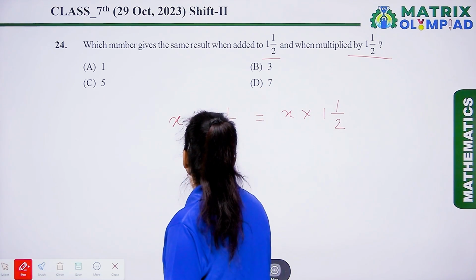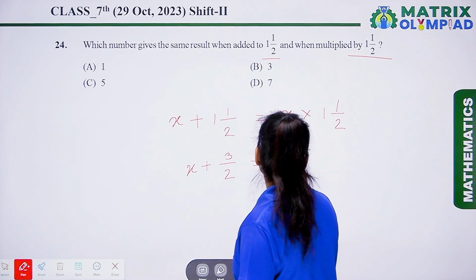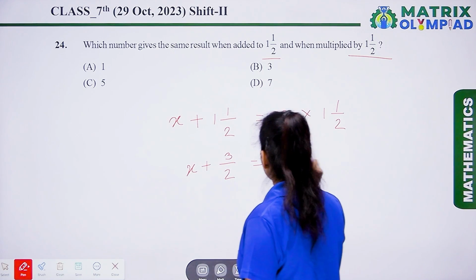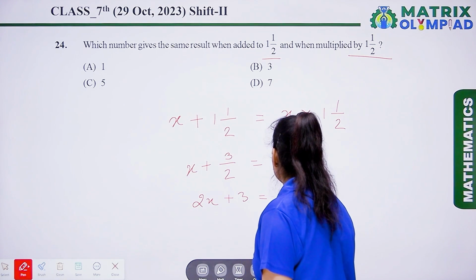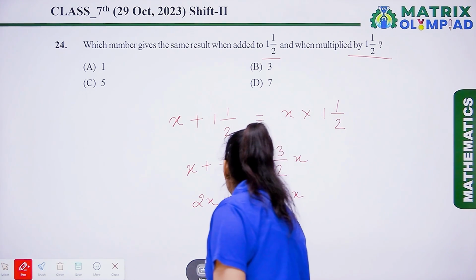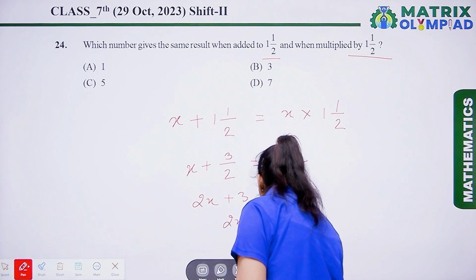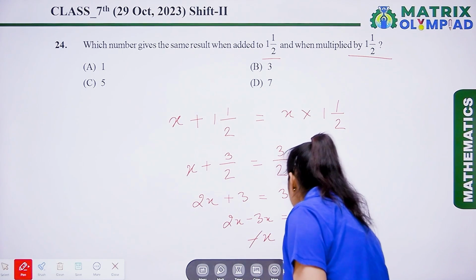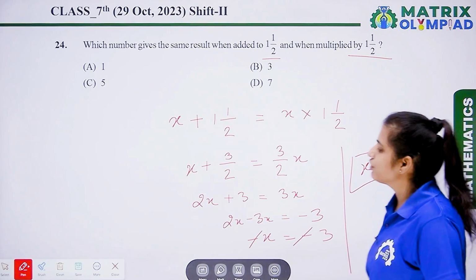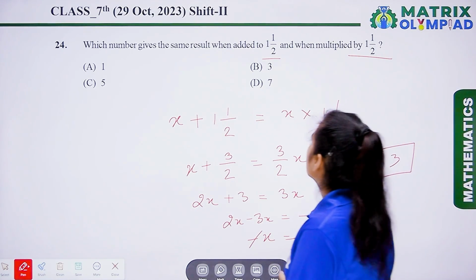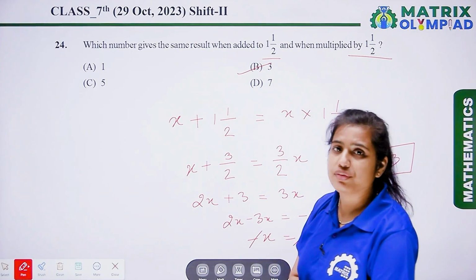Let's calculate. So we get x equal to 3 after solving this equation. So option B is the correct answer, that is 3.